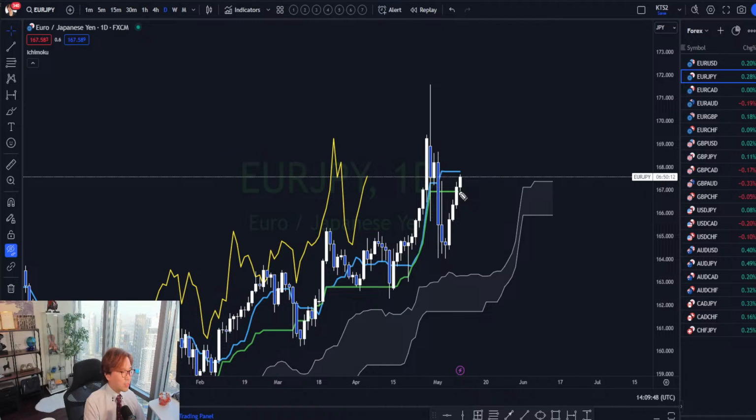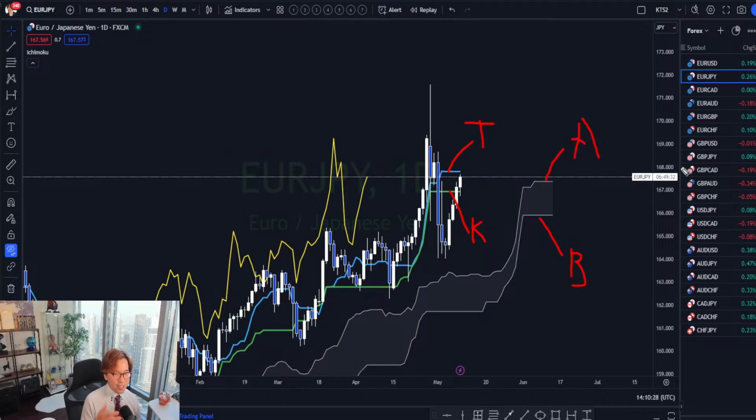If you're new to Ichimoku, it has 5 lines, which are the green Kijun-sen and the blue Tenkan-sen. And this gray area is called Kumo, or cloud in English. Kumo means cloud in Japanese. The Kumo gray area consists of 2 lines, which are Senko span B and Senko span A. Senko means forward, and span means span in English.